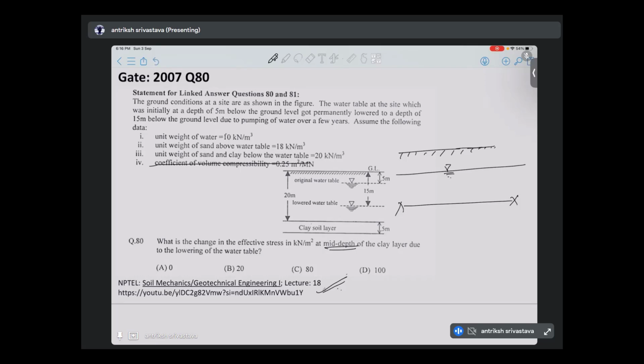If I were to draw my total stress diagram, that is the pressure due to the weight of water and soil per meter square, then for the place above the water table, we have a simple triangle, which is contributing only because of the soil.